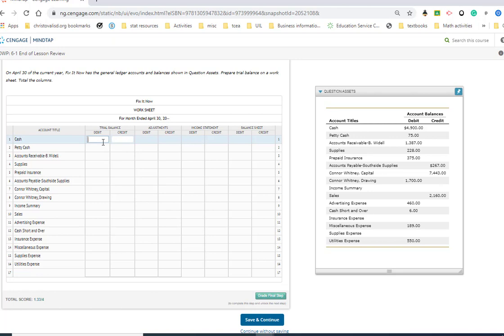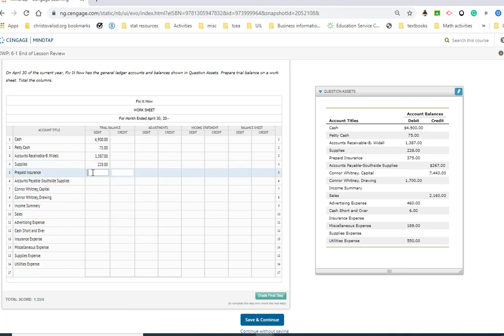And so cash had a total of $49.00. $75 was our petty cash. $13.87. Something about 2 3s. 228.100.